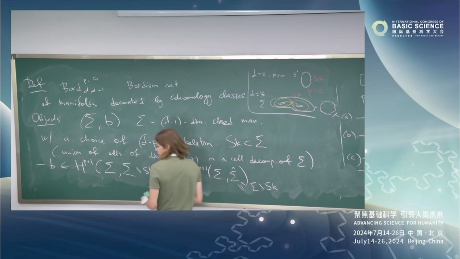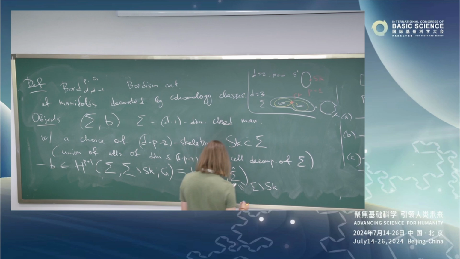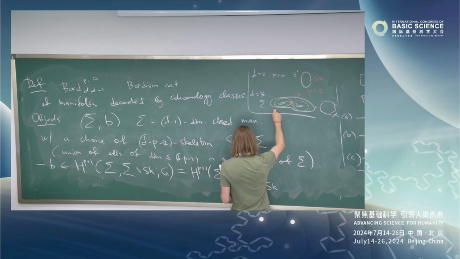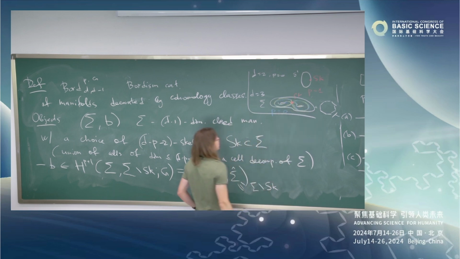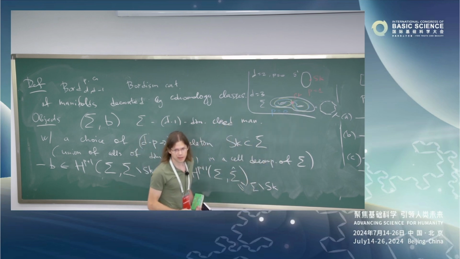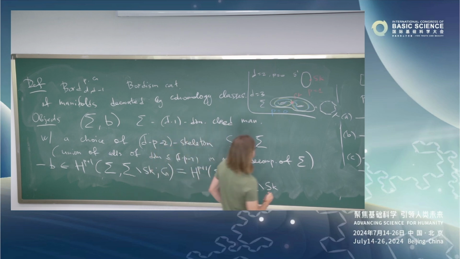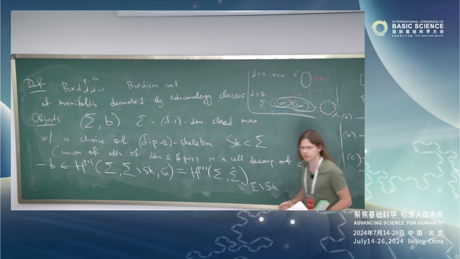And I can also consider the p equals 0 case, and the skeleton will be this. This is a kind of minimal choice, but I'm allowed to choose like this. It's fine. No problem.